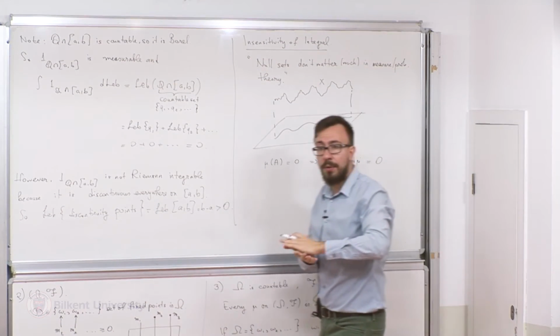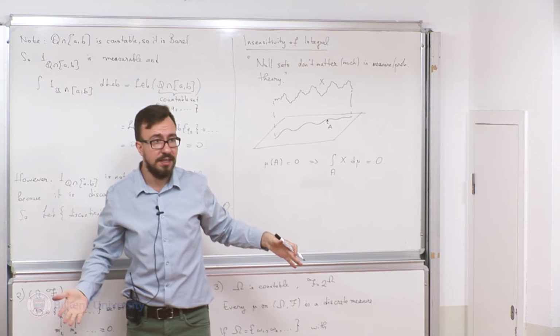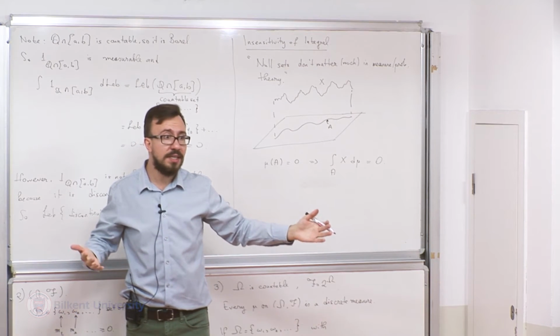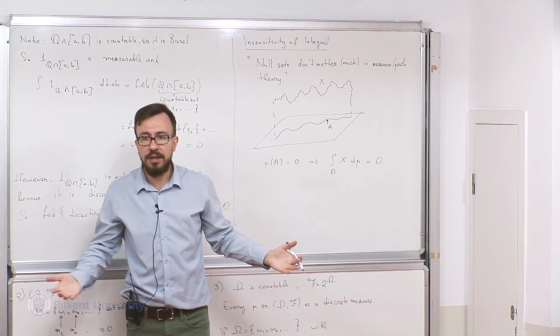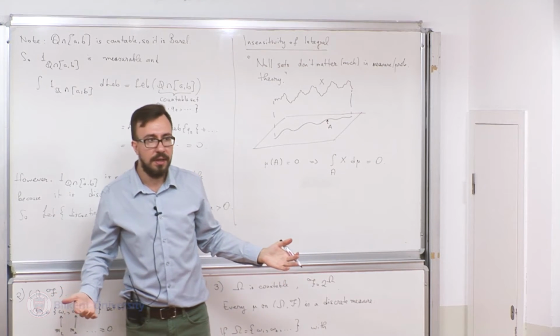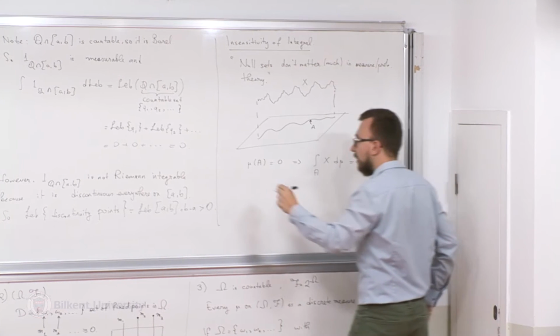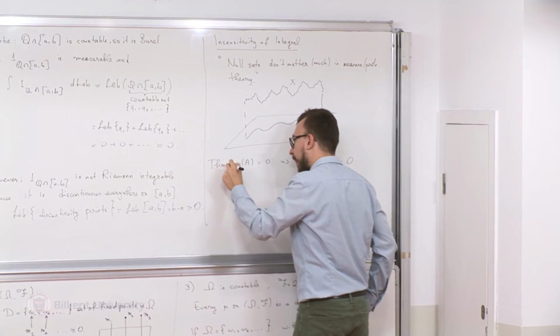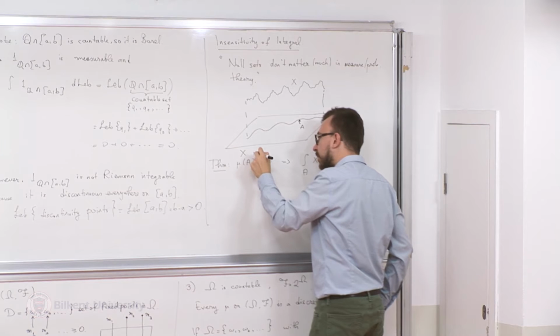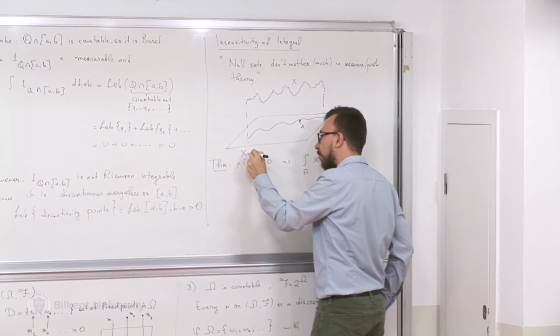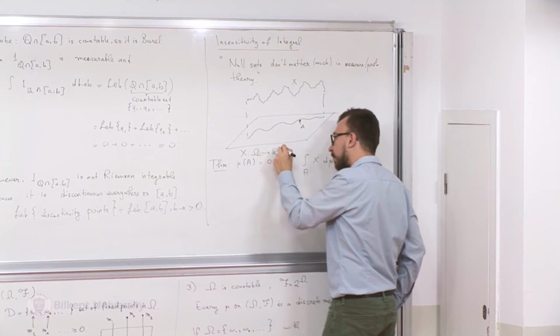So no matter how complicated your function is, if you integrate it on a set of measure 0, its integral will be 0. Okay? This is insensitivity. So let's state it as a theorem. X is just measurable, from omega to R bar.